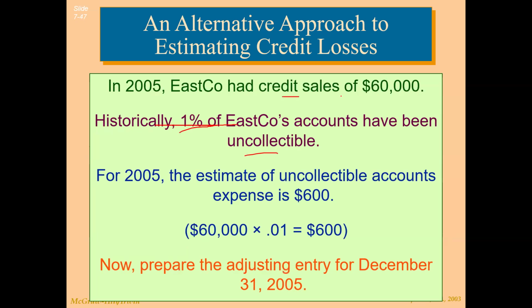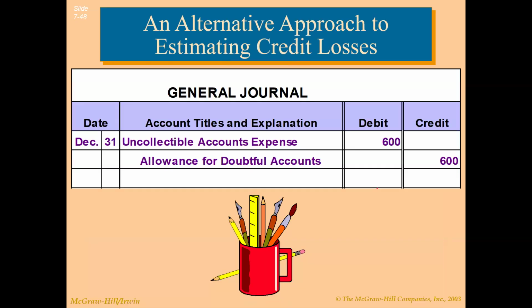It is mentioned in the question, 60,000, and we just take 1% of 60,000. So 600 would be uncollectible. So there are different approaches to get these uncollectible accounts. And again, the entry would be, if we don't have any prior balance, then we will directly record the uncollectible accounts expense against the allowance for doubtful accounts.